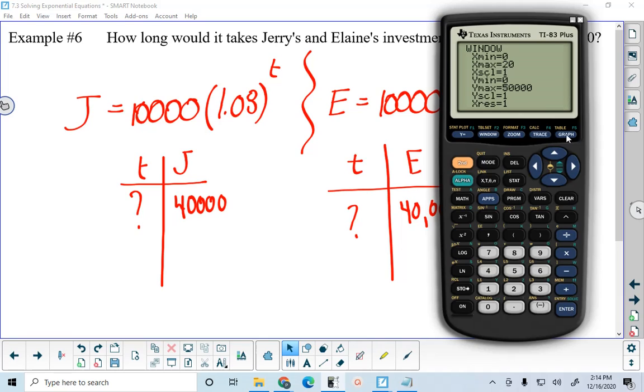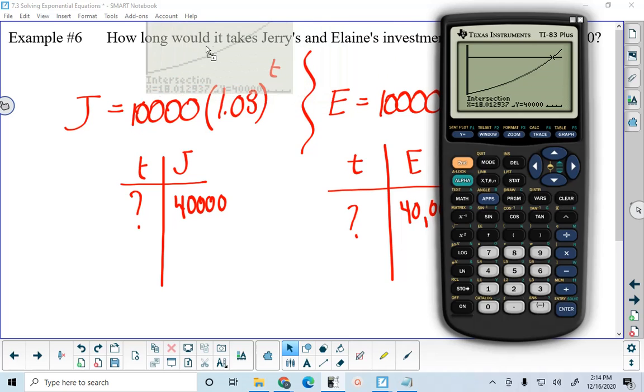Okay, so I graph. There's the 40K. Here comes Jerry's investment. It's exponential growth, so it's getting steeper and steeper as time goes on. When I find the intersection point, I get 18.01.